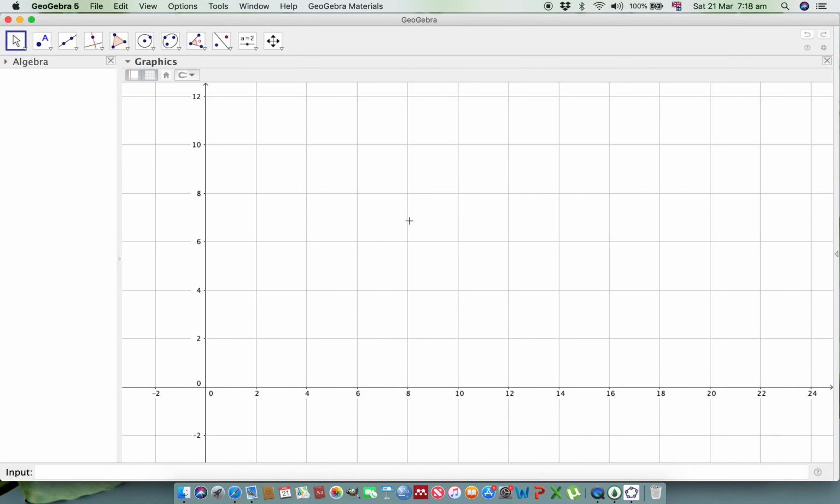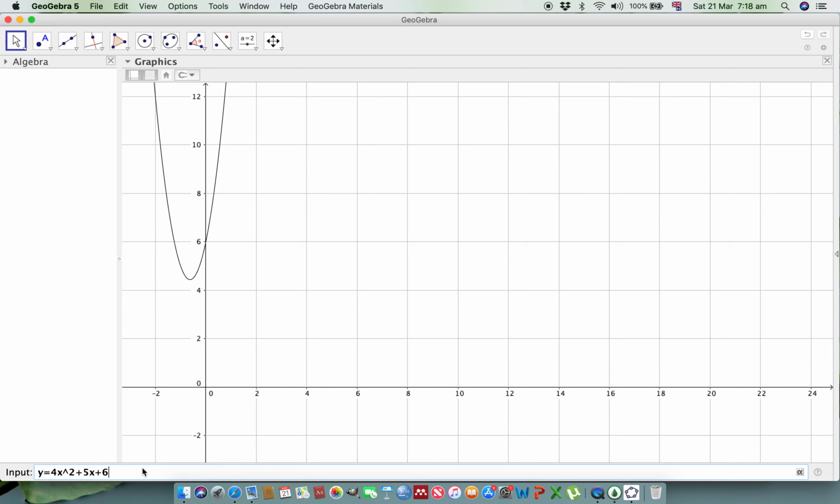Now let's see this figure in GeoGebra. I have already opened GeoGebra. First of all, the equation which is given to us is y is equal to 4x square plus 5x plus 6.